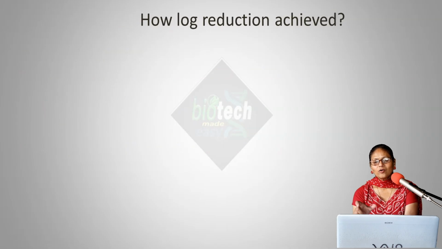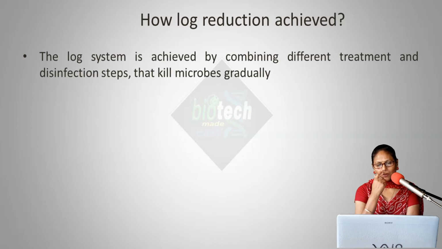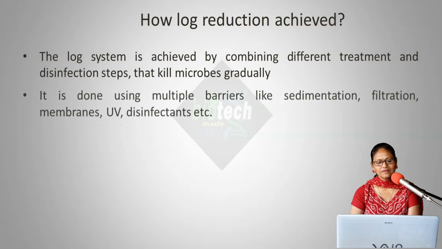Now, how is this log reduction achieved? Log reduction is achieved by combining different treatment and disinfection steps that kill the microorganisms gradually. That means we do not use just one method for removal, but many methods, one after the other, and gradually the microorganisms are killed.